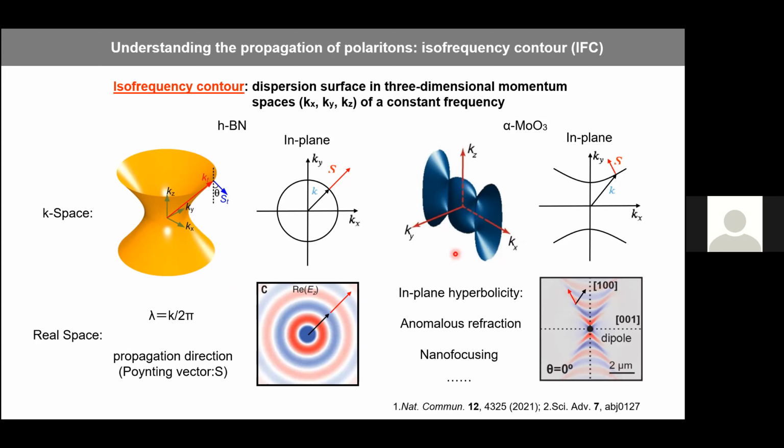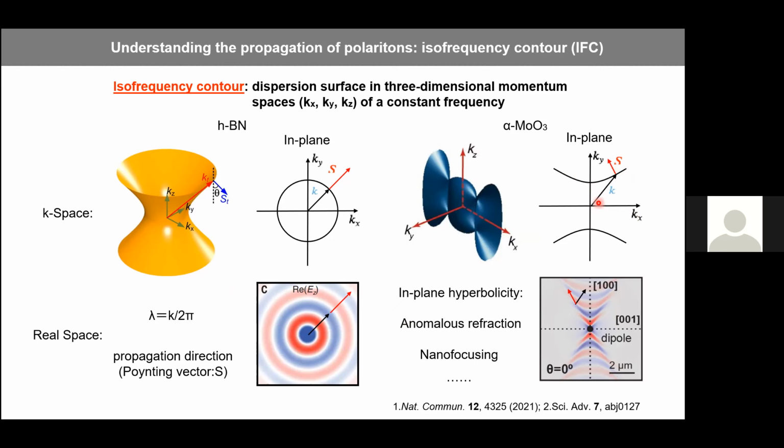But things can be different in molybdenum trioxide. If we make an in-plane cross section here, we have this open hyperbola as the isofrequency curve. So that means the pointing vector and the wave vector are no longer collinear with each other, and along different directions, this k can change dramatically. And also along this direction, you can see we will not have a solution for k.